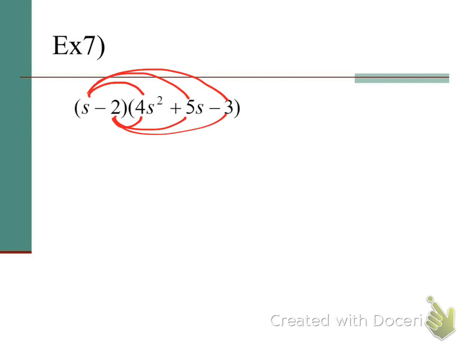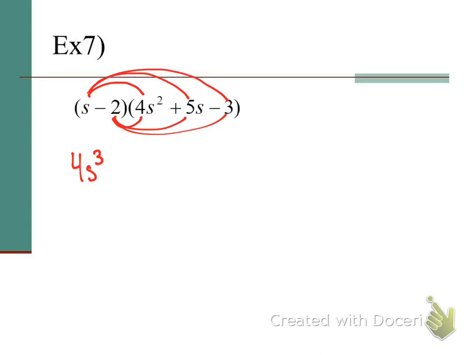Okay, so let's start off with distributing the s. If I distribute s to 4s squared, Delaney, what do I get? Good, 4s cubed. Then I've got s times 5s, Connie. So what power?